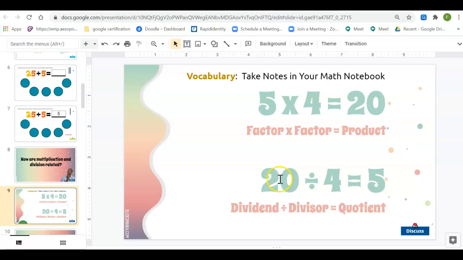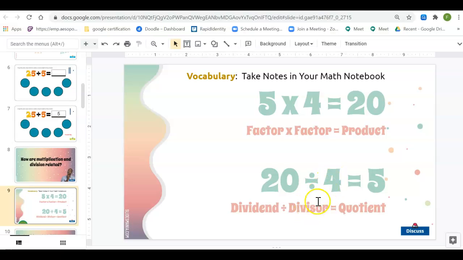And here, this is a division problem. 20 divided by 4 equals 5. And the 20 in this situation is considered a dividend. It's the number that gets divided. And 4 is a divisor. It's the number that divides into another number.